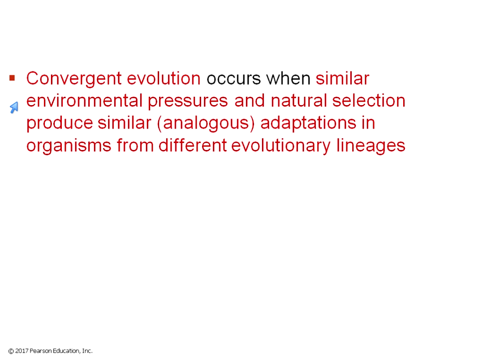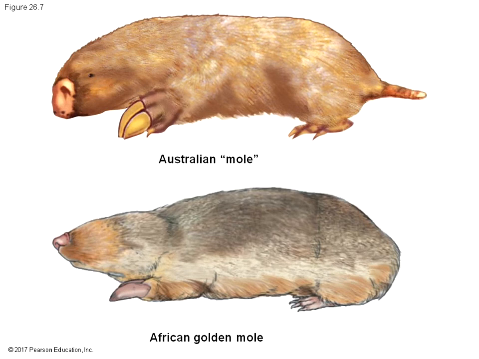Okay, so they'll converge in terms of having that same function, but there is no recent common ancestor that ties those structures together. A good example here is the Australian mole versus the African golden mole.